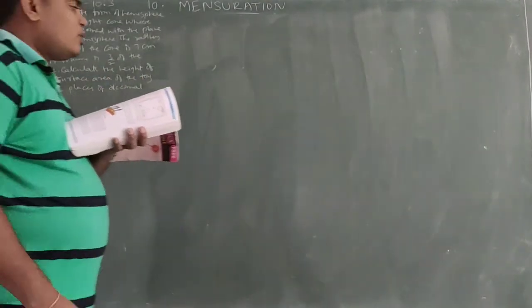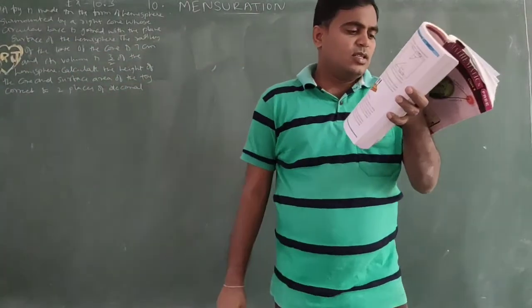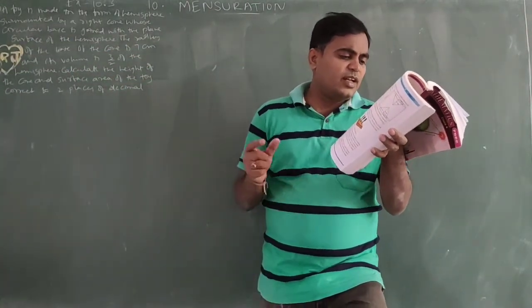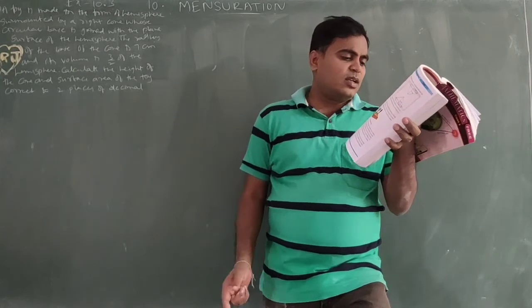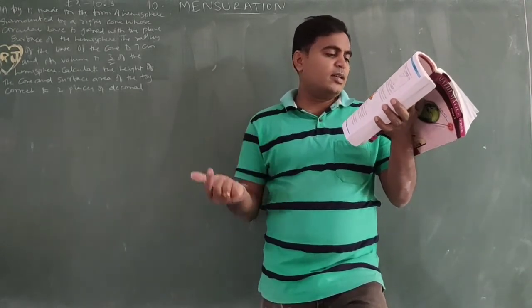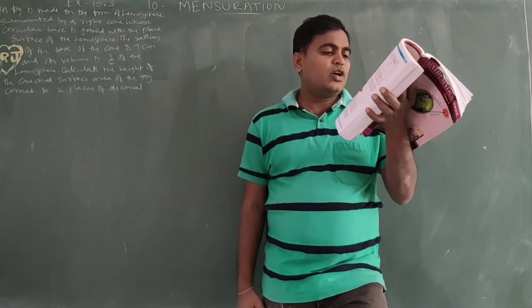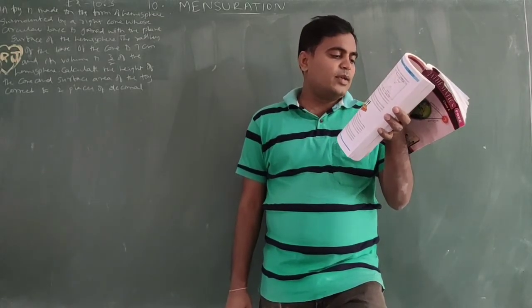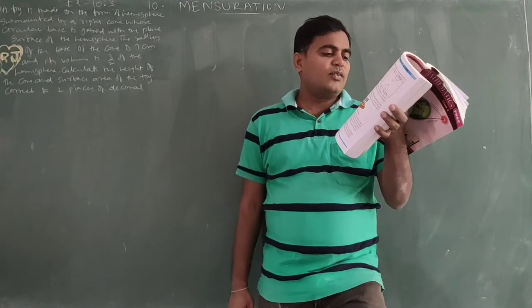Okay, so we will discuss a toy made in the form of a hemisphere surmounted by a right cone. So it is a combination of hemisphere and cone. The circular base is joined to the plane surface of the hemisphere.